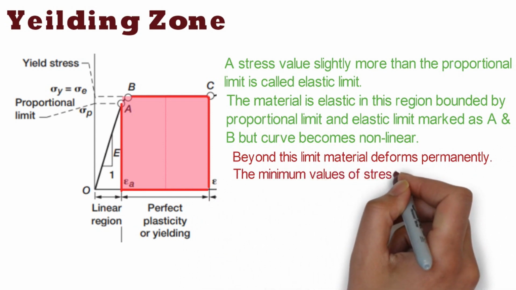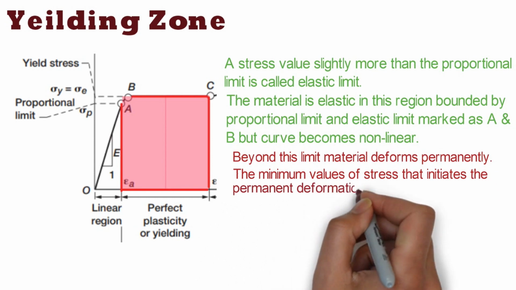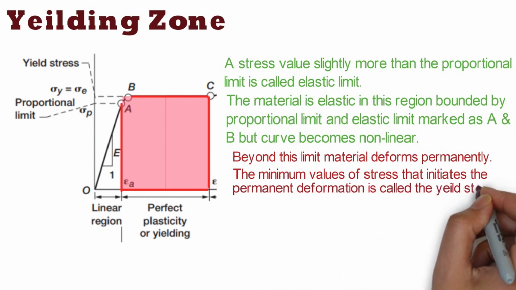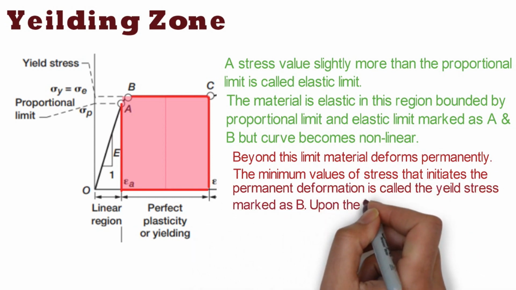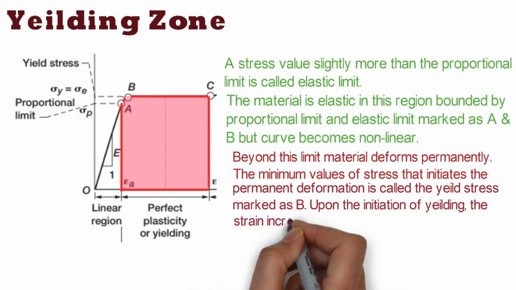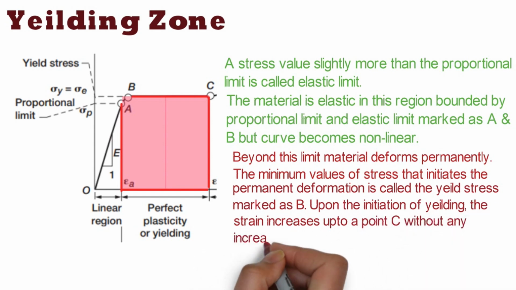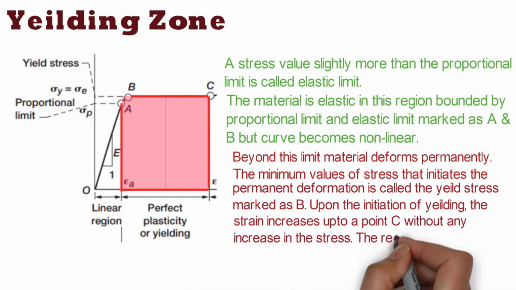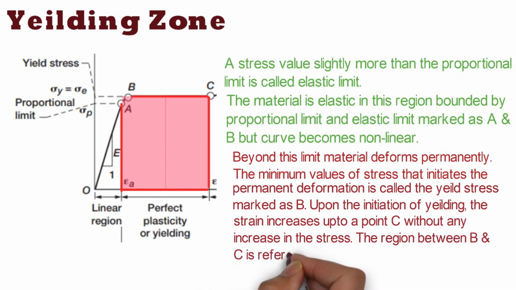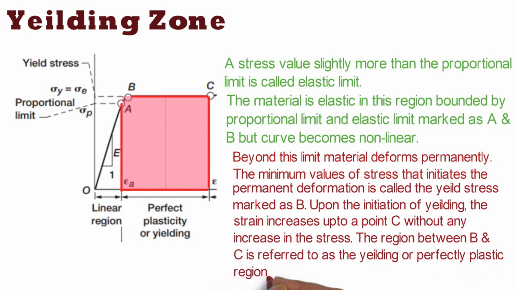The minimum value of stress that initiates the permanent deformation is called the yielding stress, marked as B. Upon the initiation of yielding, the strain increases up to a point C without any increase in the stress. The region between B and C is referred to as the yielding or perfectly plastic region.